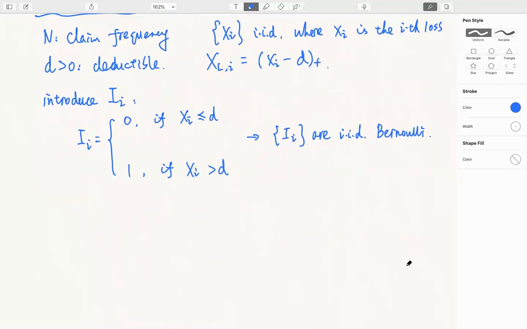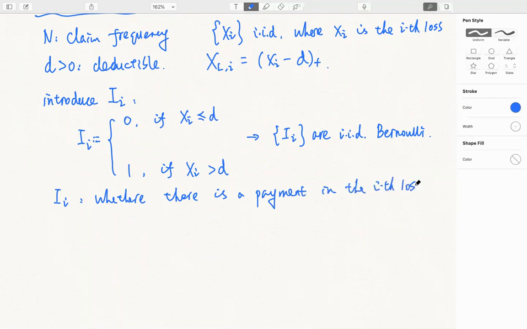According to this definition, I tells you whether there is a payment in the i's loss event, right? And I equals 1 means it is a loss event. If the value is 0, that means it is only a loss event, but not a payment event, right?